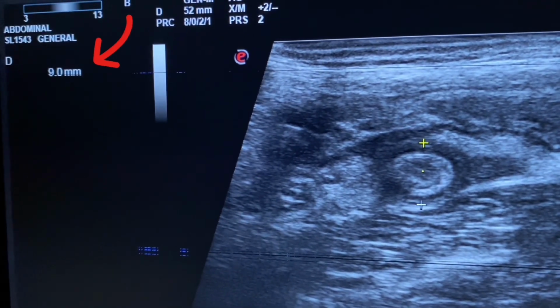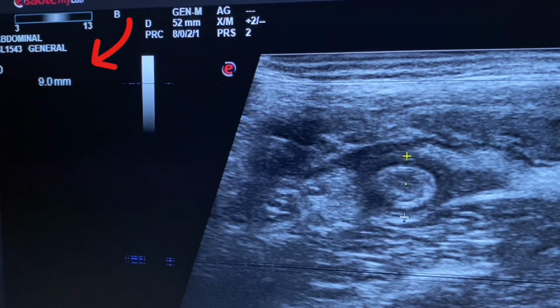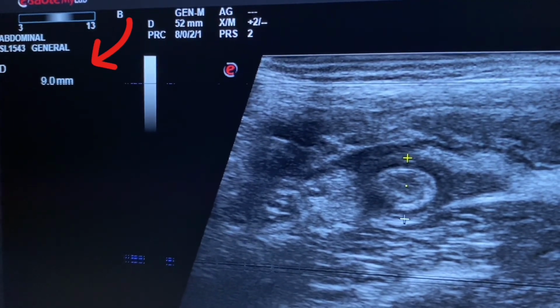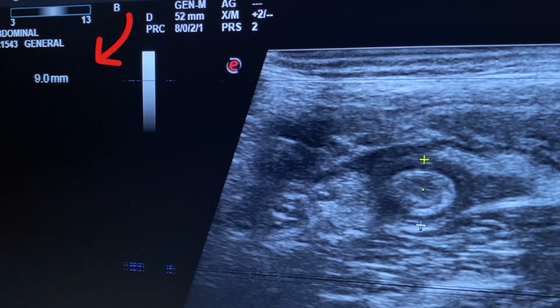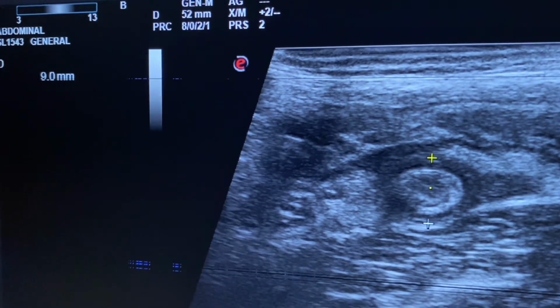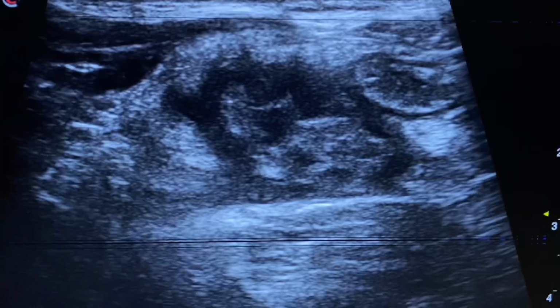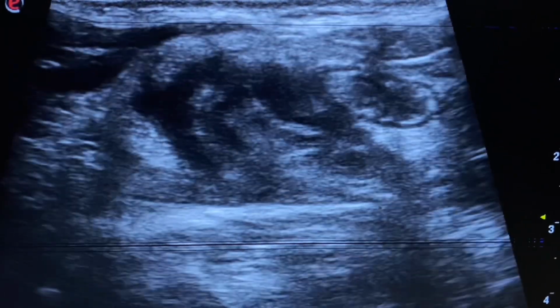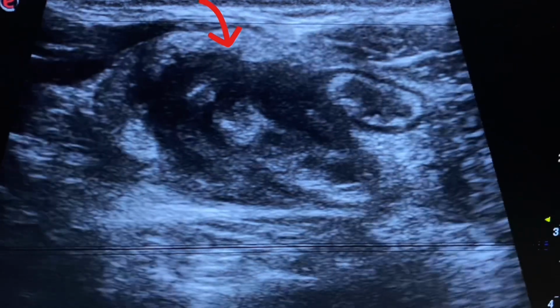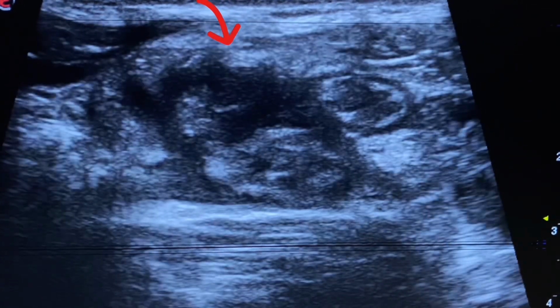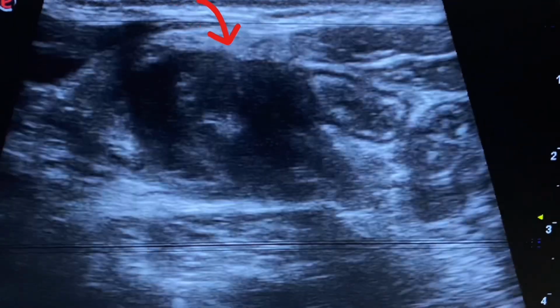The anterior posterior diameter of appendix is 9 mm. The normal diameter of appendix is up to 6 mm. Here we see the ill-defined fluid collection is also present around the appendix.